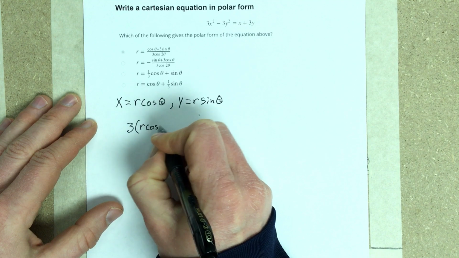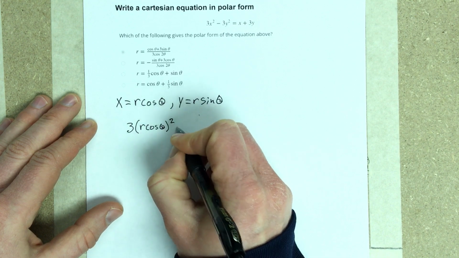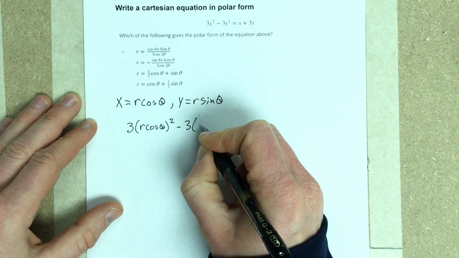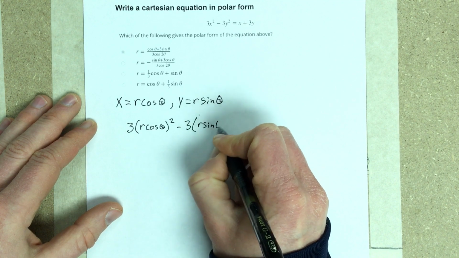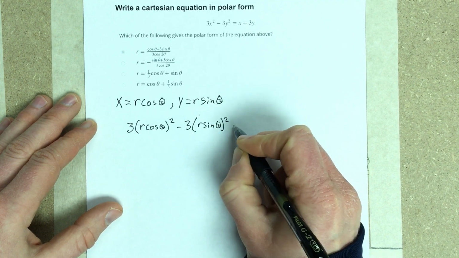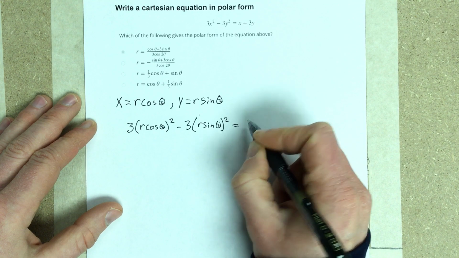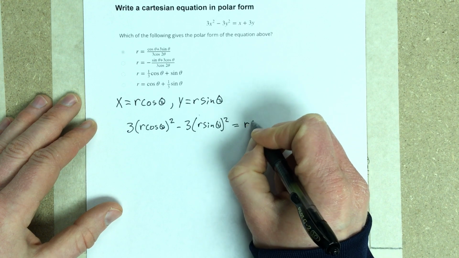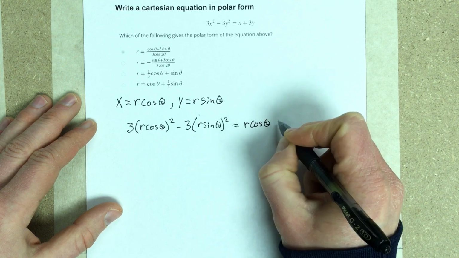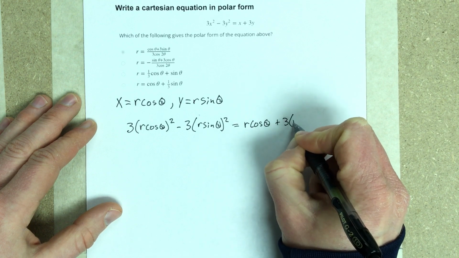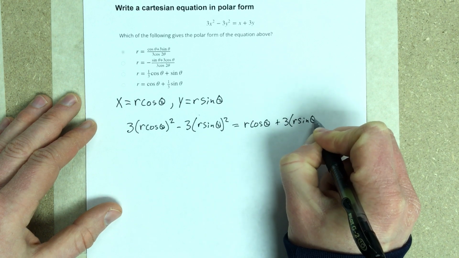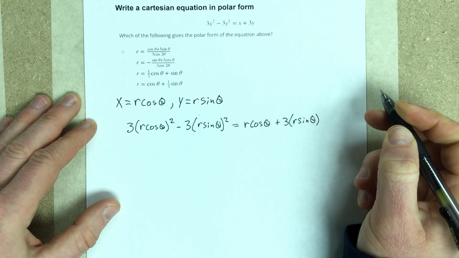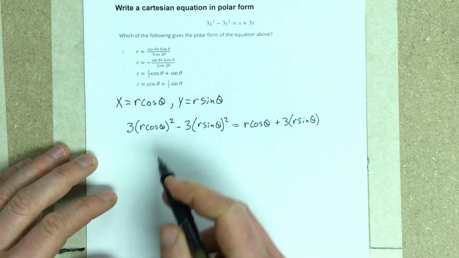3r cosine theta squared minus 3r sine theta squared is equal to r cosine theta plus 3r sine theta. Now we're going to square some stuff.